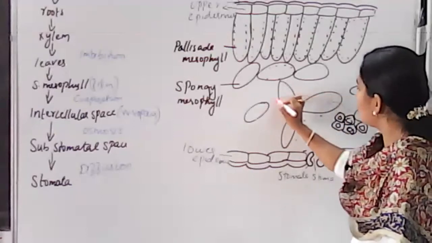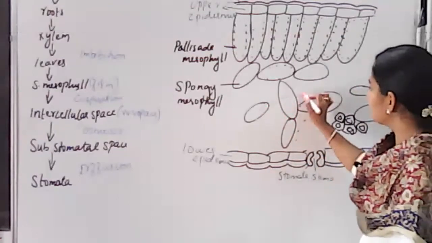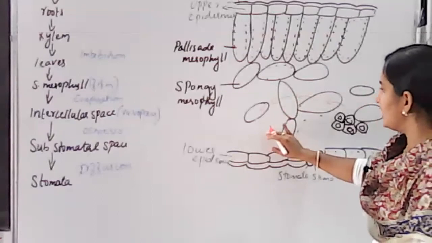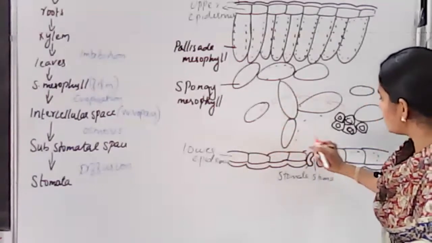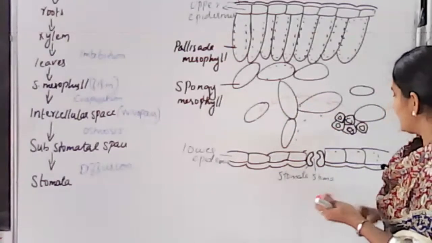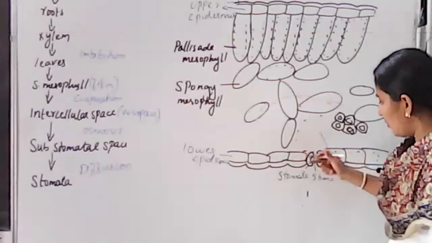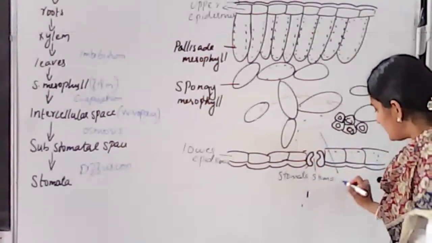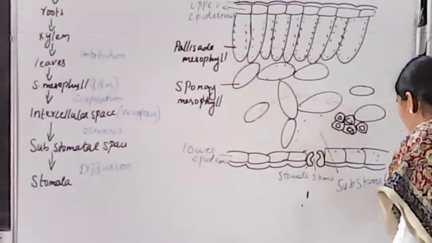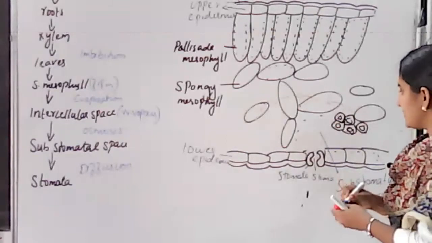So it moves in all these directions, and from this free intercellular region it will be carried to the next region, called the substomatal space. This free space seen just above the stomata we call the substomatal space.